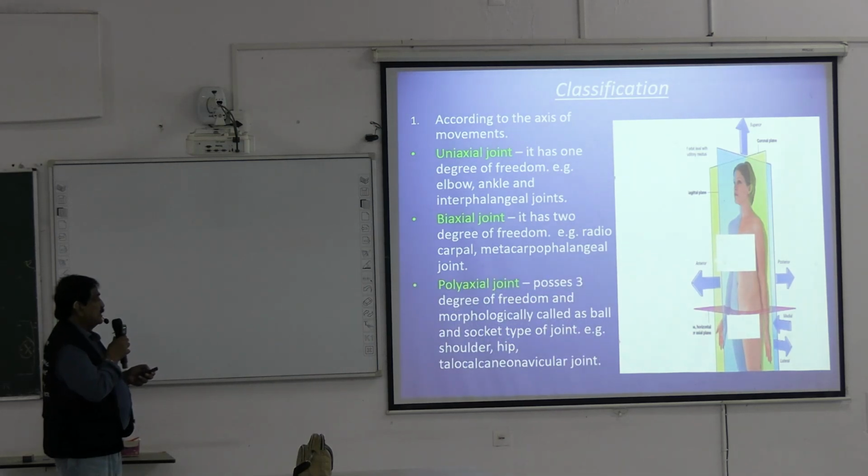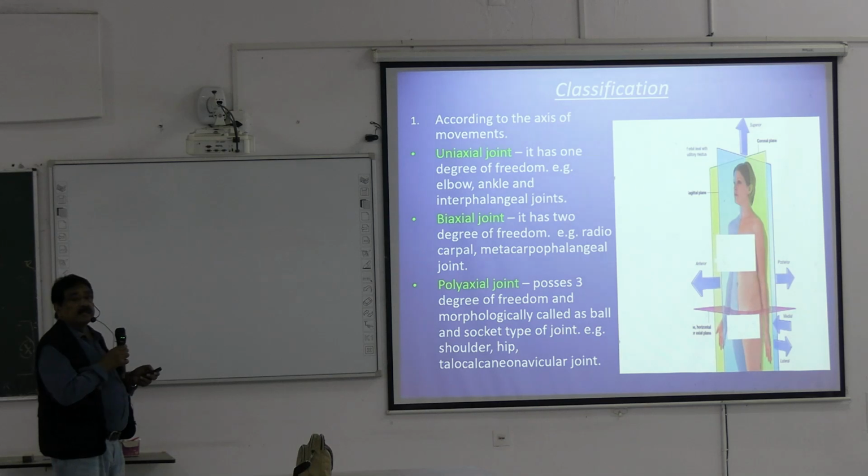Polyaxial joint possesses 3 degrees of freedom and is morphologically called ball and socket type of joint, example, shoulder, hip and talocalcaneonavicular joint. Talus, the bones of the foot, calcaneum and navicular are the bones. Now, polyaxial, biaxial, uniaxial. That can be a short note also.